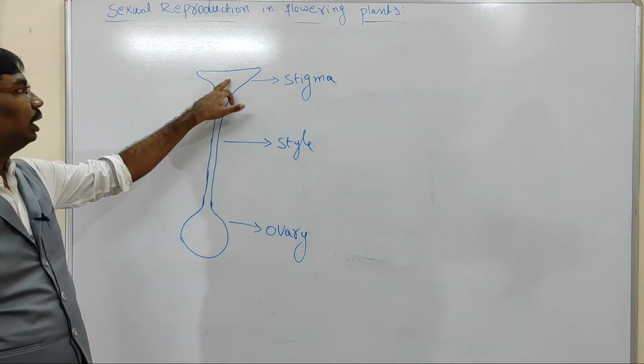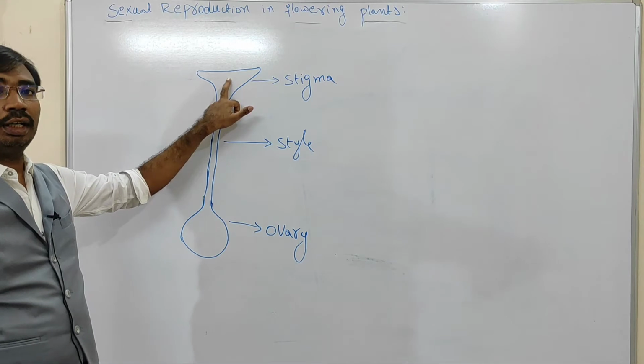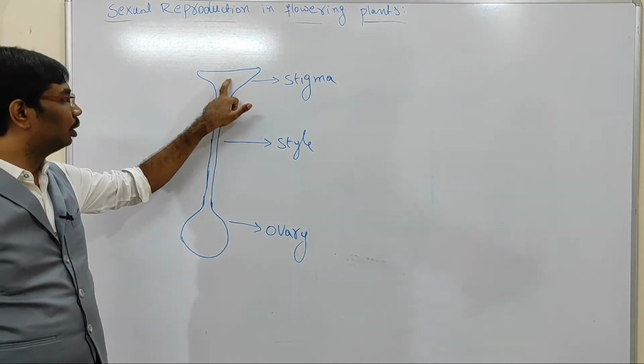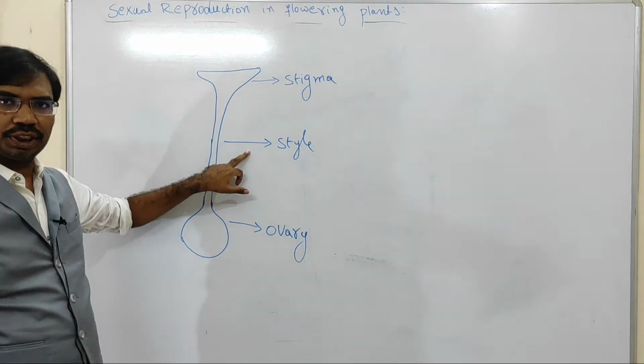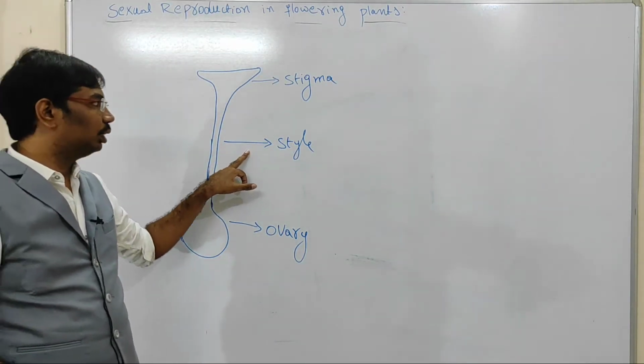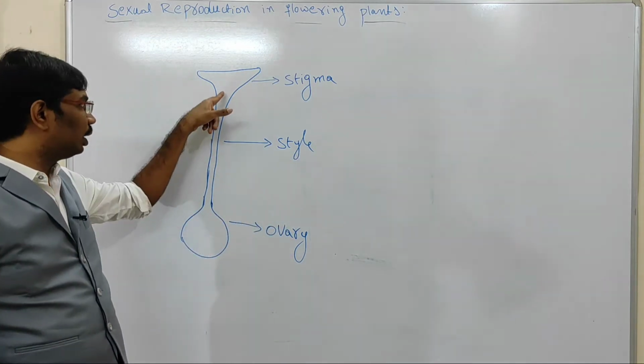The stigma is a landing platform for the pollen grains and it is a flat structure. The stigma is connected to the style. Generally students make mistakes about the style. Point number one, the style is an elongated structure.